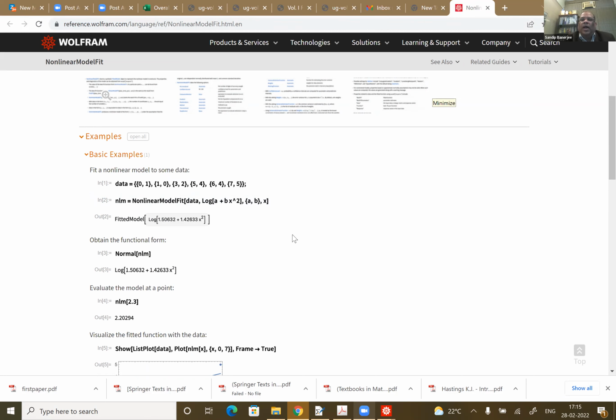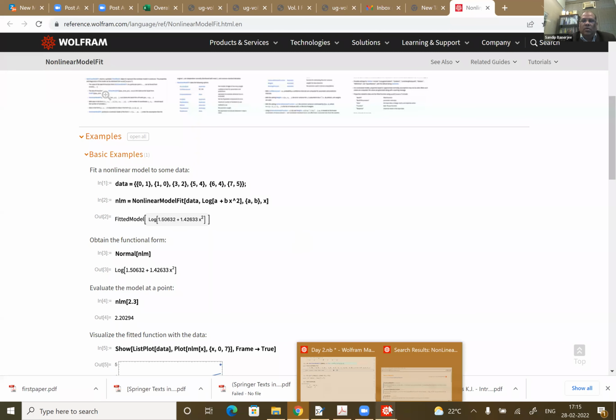Well, Mathematica is better because you can do both analytical as well as numerical calculations in Mathematica, whereas MATLAB is mostly for the numerical one.